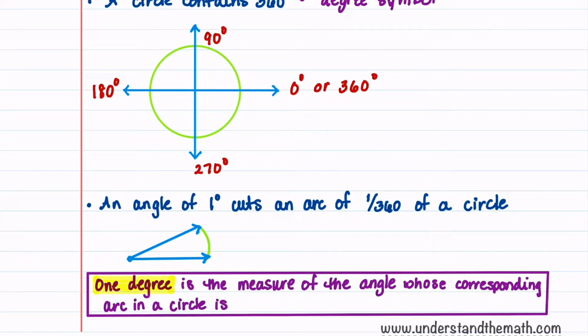Let's now talk about an angle of 1 degree. An angle of 1 degree cuts an arc of 1 over 360 of a circle. We can show this graphically by labeling this angle as theta is equal to 1 degree and labeling the arc as 1 over 360 of a circle.